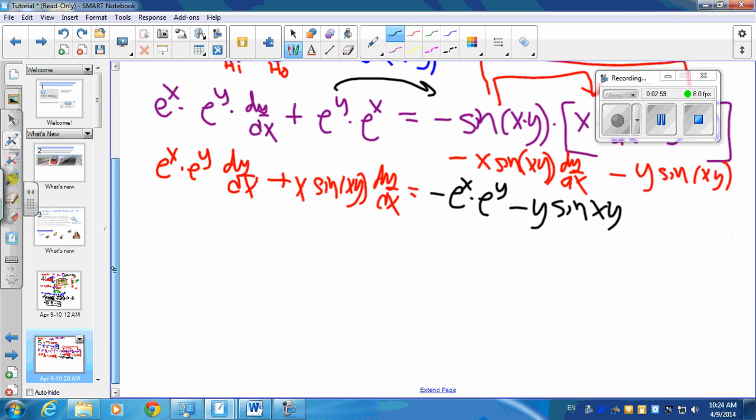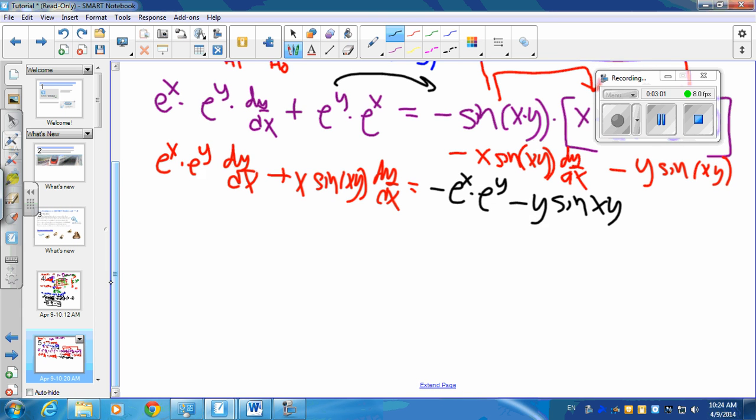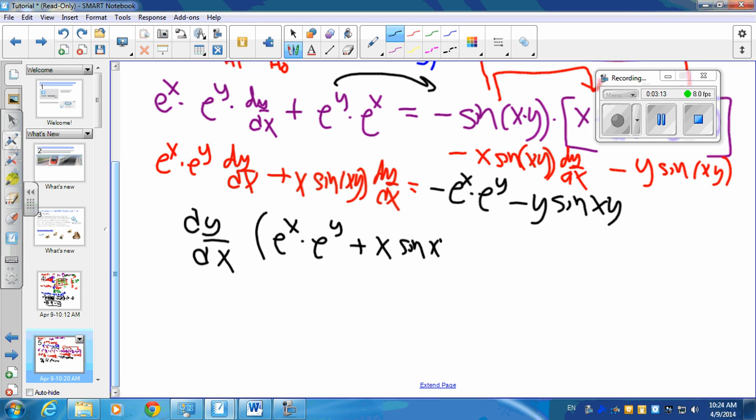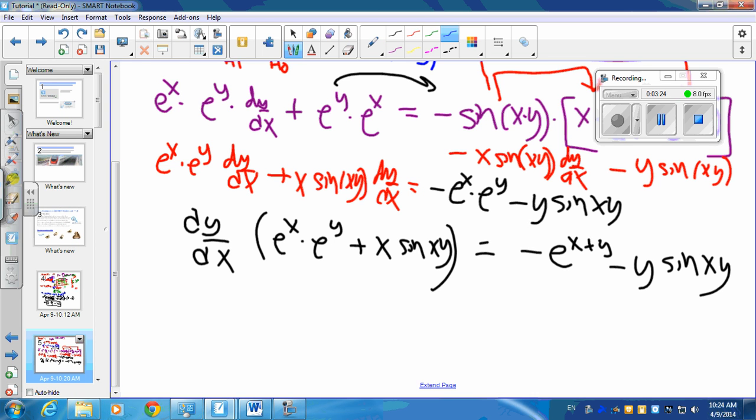Any questions so far? Are we solving for dy dx? Yes, that's our goal. So I'm going to do that right now. dy dx times e to the x, e to the y, plus x sine xy equal to negative e to the x plus y, minus y sine xy. Then I can solve for dy dx. And this is not my answer, but it's really close.